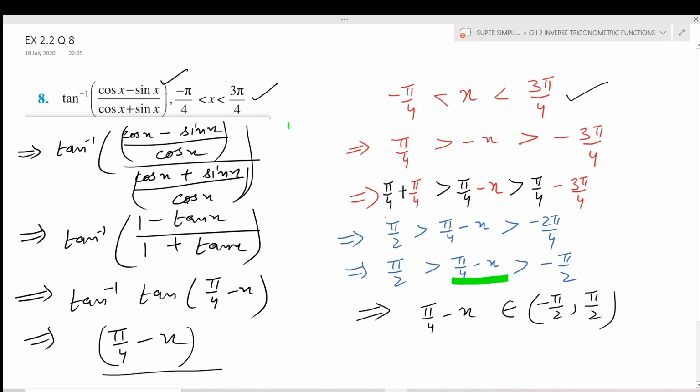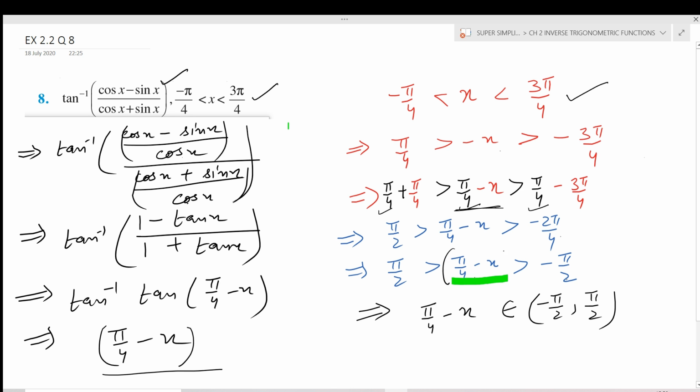After that, in the next step, we add pi by 4. You can see this pi by 4 has been added to all these three terms. So the first term becomes pi by 2, this angle becomes pi by 4 minus x, and this is minus 2 pi by 4. This is pi by 2, pi by 4 minus x, and minus pi by 2.